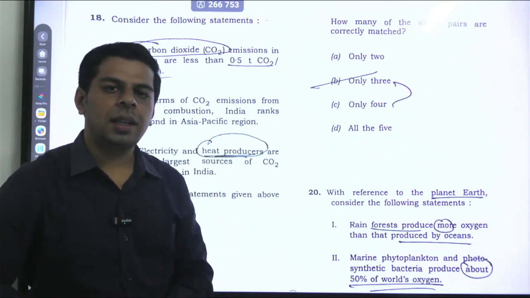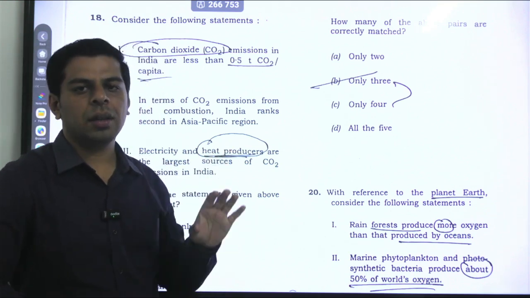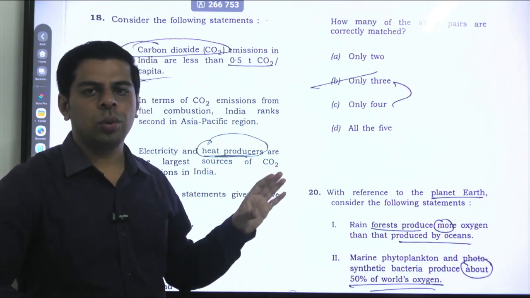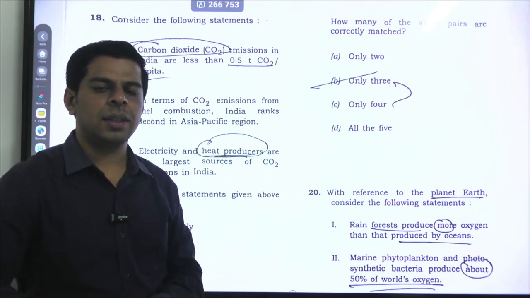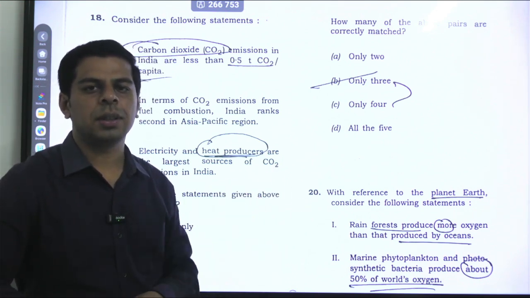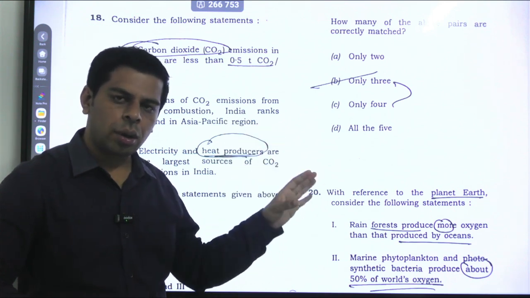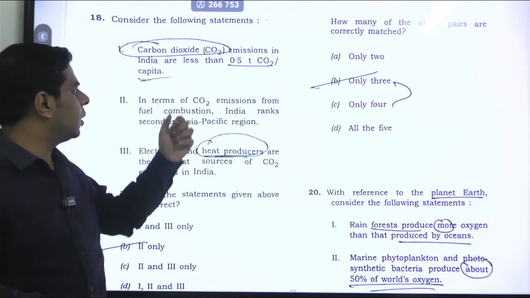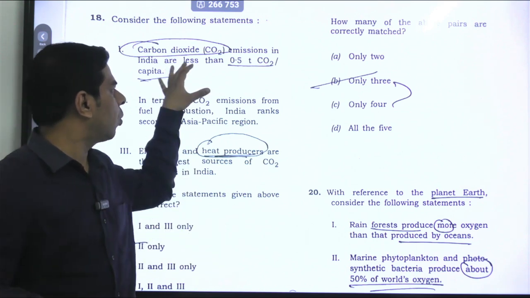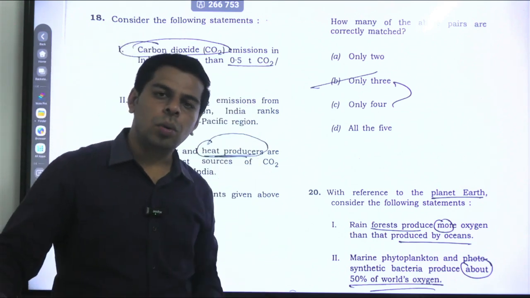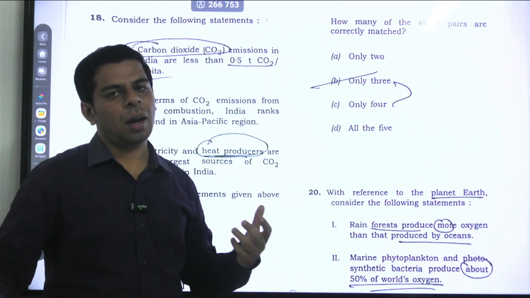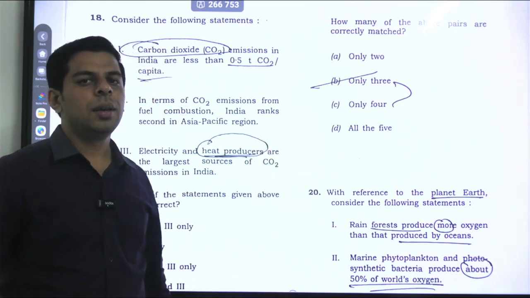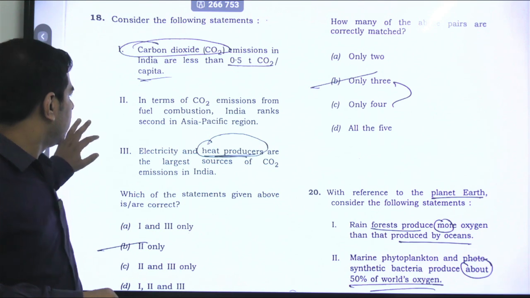Basically, it is trying to glorify India, but we are among the major polluters, and that's the reason why the US and a lot of developed countries at times criticize emerging economies like China and India, because their contribution is comparatively on the higher side at the moment. So this one is technically a wrong statement. Our contribution is around more than 2 tons at present because we harbor the dream of being a developed nation, and the energy mix is what comes into play.